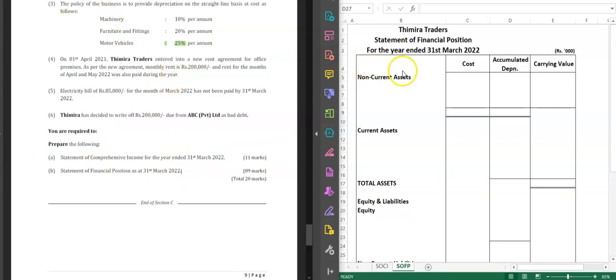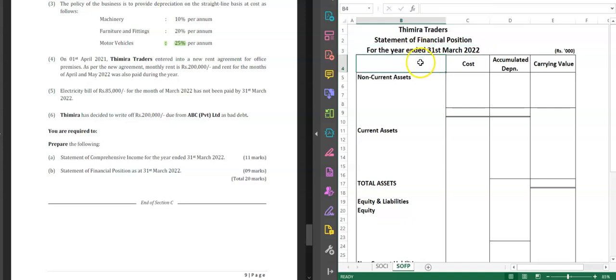So guys, I have given on the right side of the screen the format of the statement of financial position. First of all, we have to put the name of the company, that is Timira Traders, and what you are preparing, that is the statement of financial position, and for which period, that is for the year ended 31st March 2022.